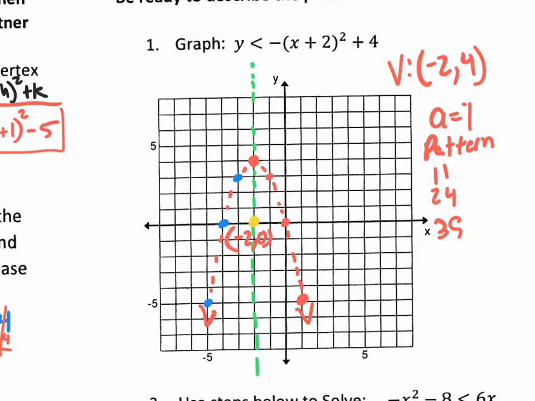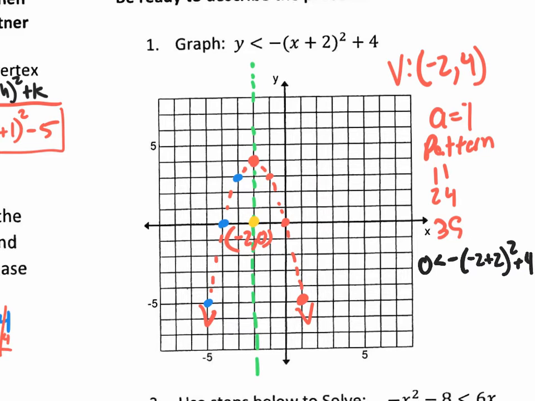So I'm going to test negative 2, 0. That means I'm going to put a negative 2 for the x, and a 0 for the y. So rewriting this and testing negative 2, 0, instead of my y, I'm going to put 0. It's going to be less than minus, open parenthesis, instead of x, I'm going to put negative 2, but then there's a plus 2 squared plus 4.